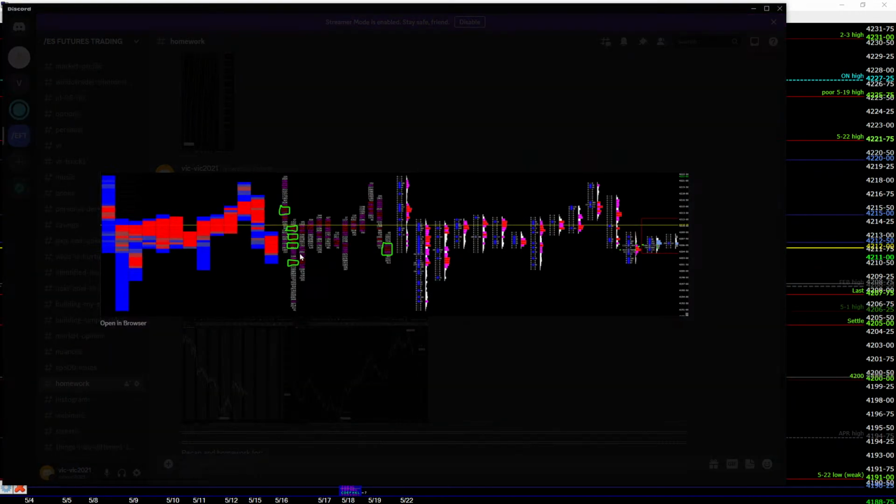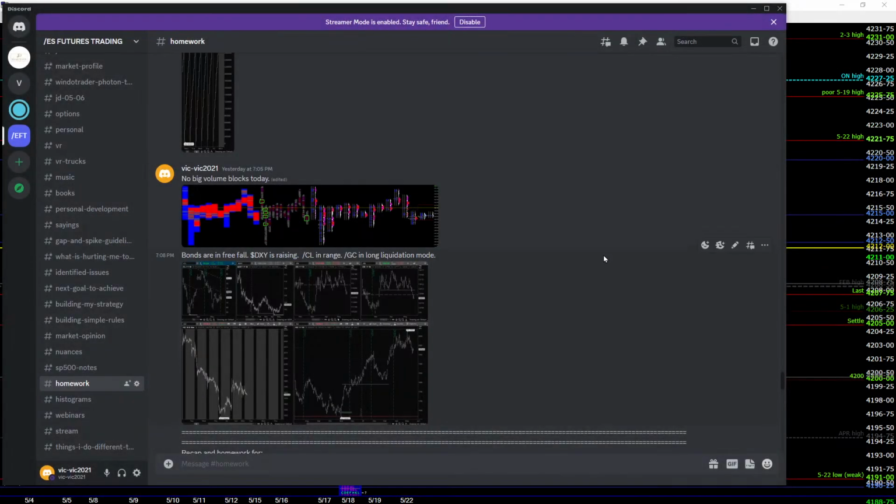No big blocks, a lot of congestion, no big blocks after the session closed. Can you see there's nothing here? There's nothing here as well. It seems like bigger time frame trading money has left the market now.